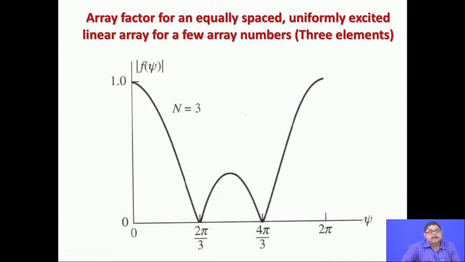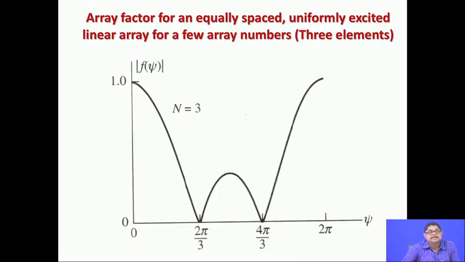Now, the question is, these properties are interesting, but this is actually a drawback, because if I have a uniform array, I cannot put side lobes at my specified values.